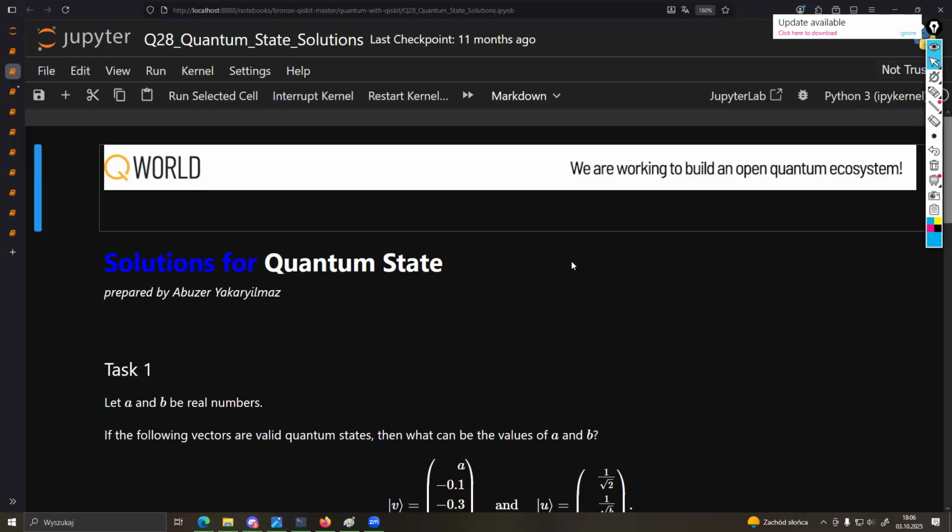I have already told you about some of the differences yesterday, at the last hour, I believe, and this was the representation of the states.